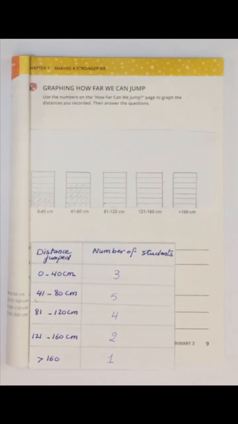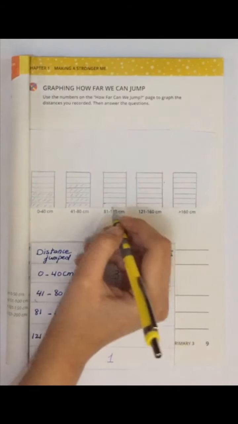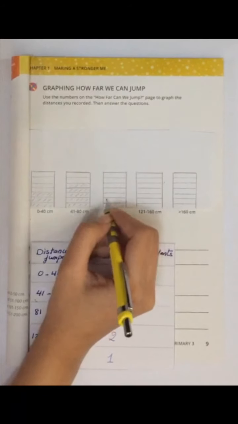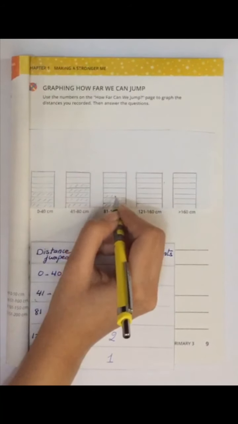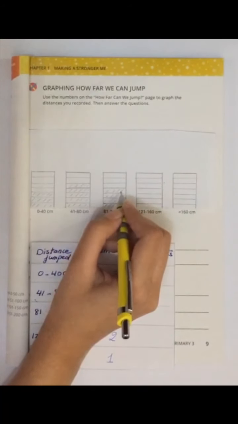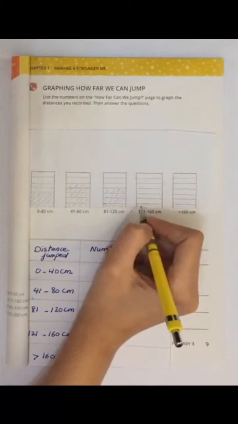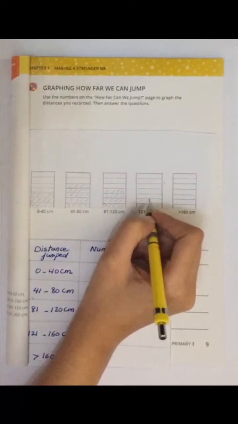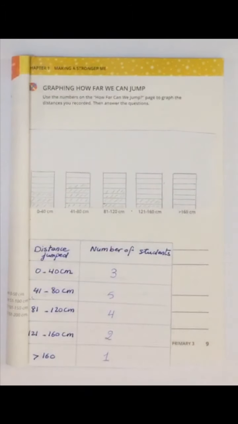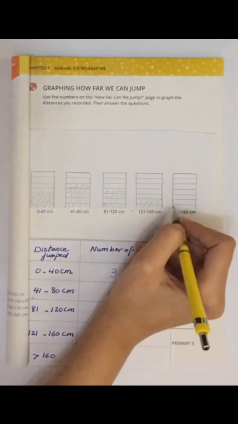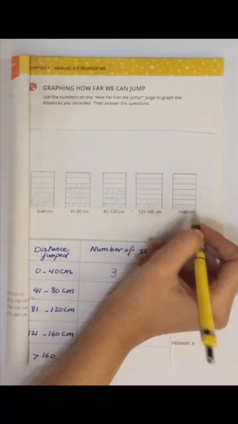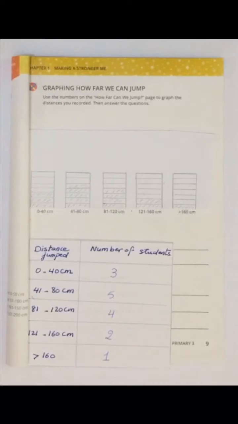Third range, I have 4 students, so I will shade 4 bars. The fourth range, I have 2 students, so I will shade 2 bars. And the last one, I have only 1 student, so I will shade only 1 bar.